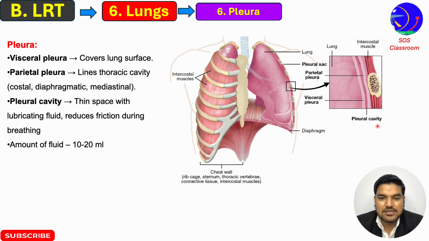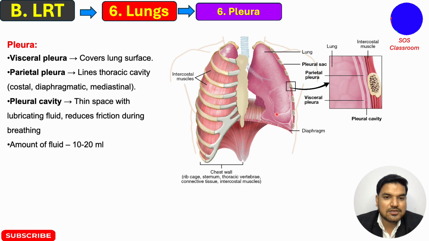This is called the pleural cavity. And in the pleural cavity, there is fluid present, called the pleural fluid. The amount of pleural fluid is approximately 10 to 20 ml, which is helpful for lubrication and reduces friction during breathing. During breathing means during the inspiration and expiration of the lungs.